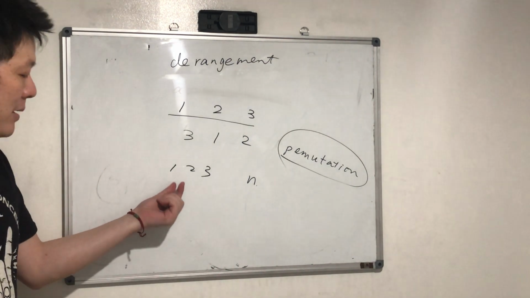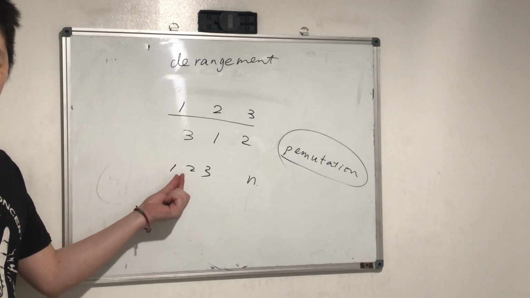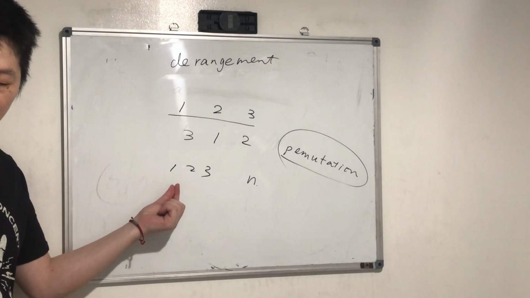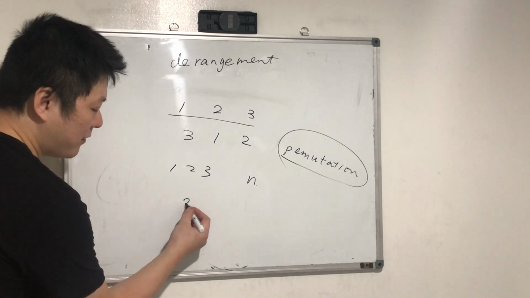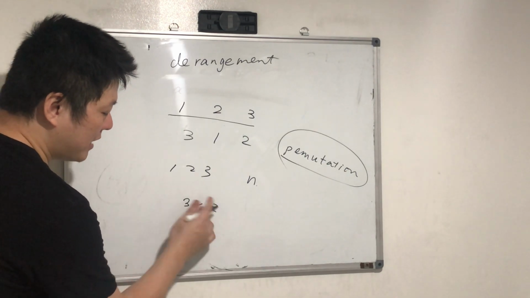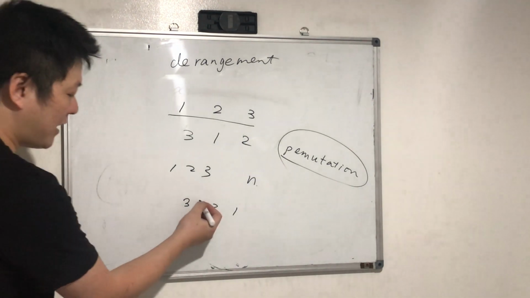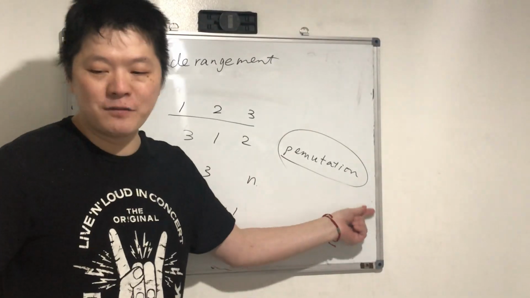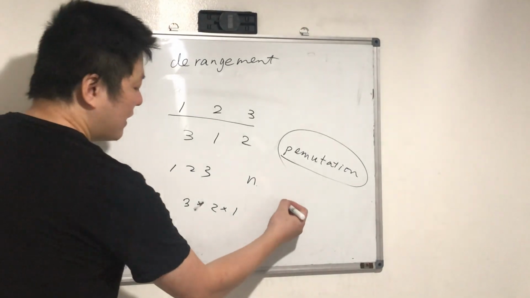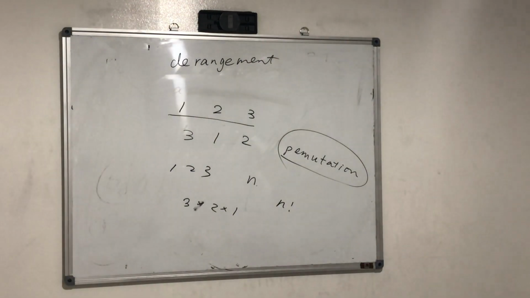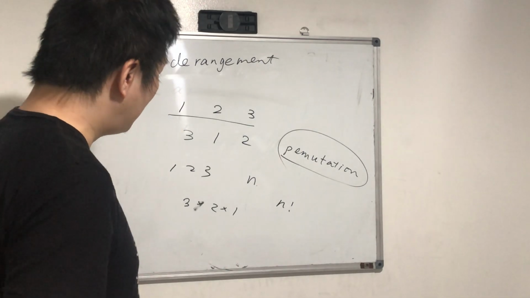How many possible numbers can the first number be? 3. How many for the second number? 2. How many for the third number? 1. So what's the total? 6, which is 3 times 2 times 1. So the number of permutations for n numbers is n factorial. Am I right? Okay.